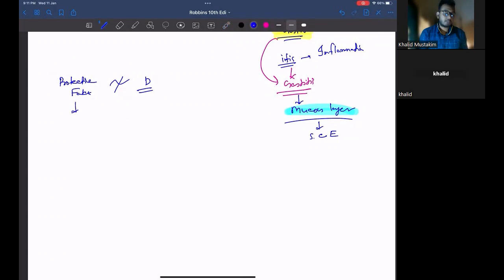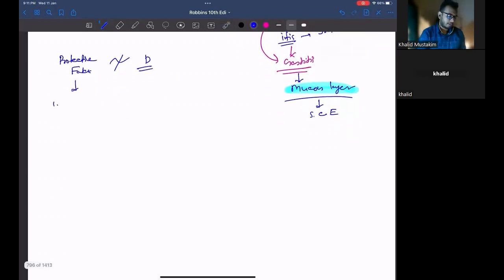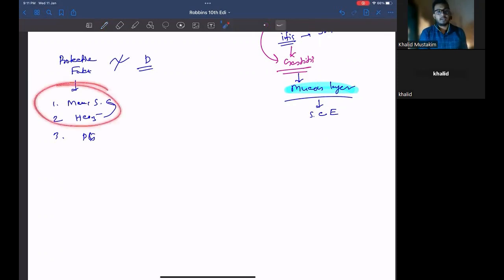If we talk about the protective factors of the stomach, or very specifically the protective factors of the mucus layer, first comes mucus secretion. We all know that mucus secretes from here. Another thing is bicarbonate ion in mucus. Another thing that comes here is prostaglandin. What does prostaglandin actually do?